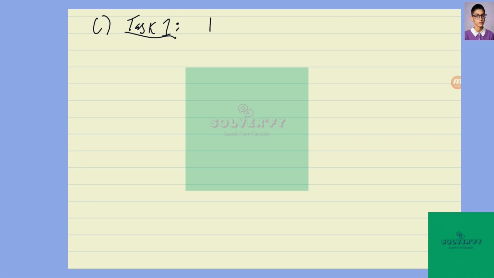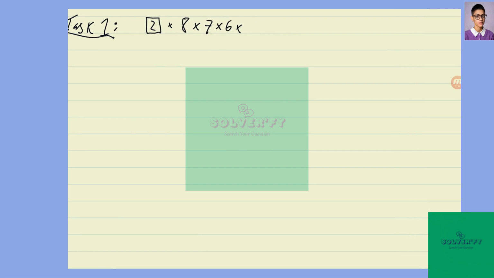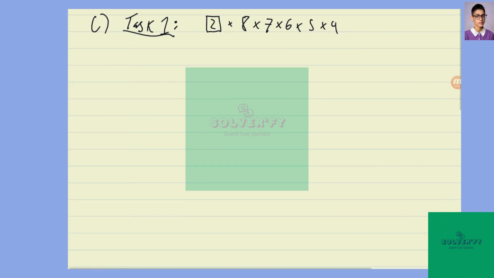So essentially, our first thing we need to decide is is it going to be the bride or the groom included? So we have 2 times 8 times 7 times 6 times 5 times 4.